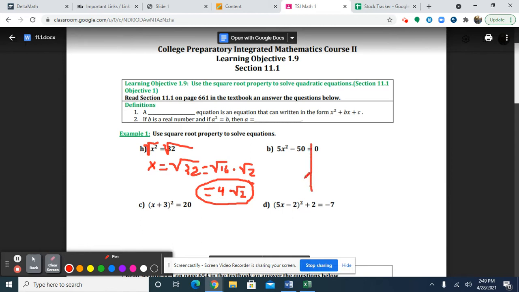Now the next one takes a little bit of algebra. We want to leave x squared by itself. So we're going to add 50 on both sides. And that cancels out. So we have 50 is equal to 5x squared.